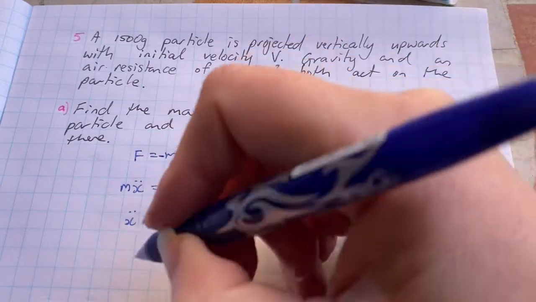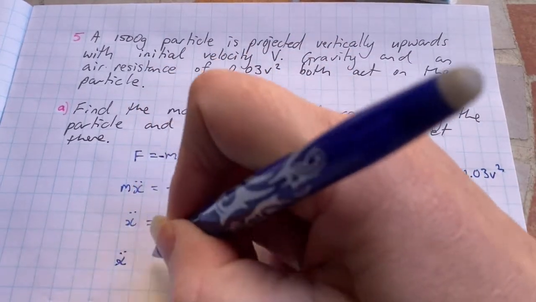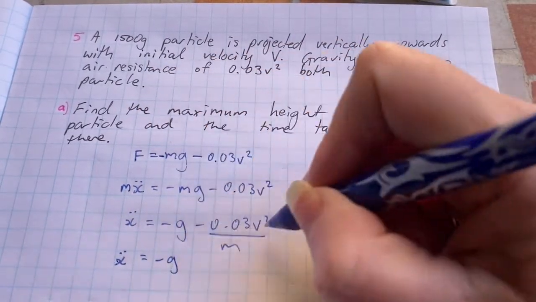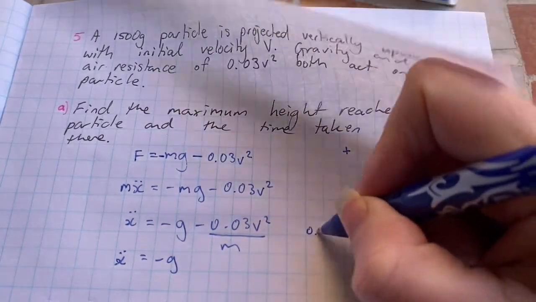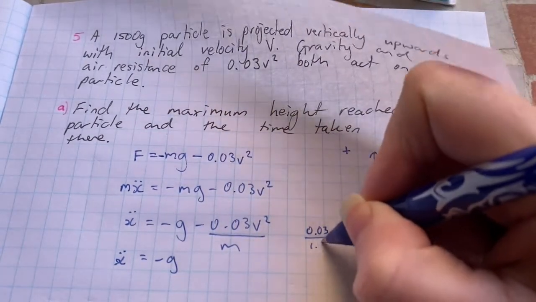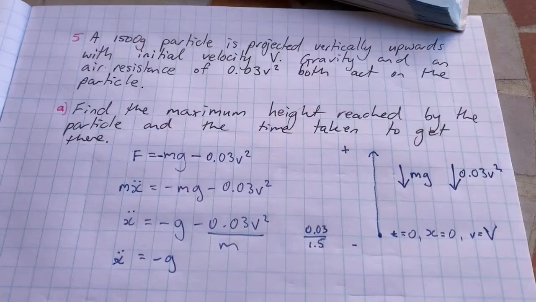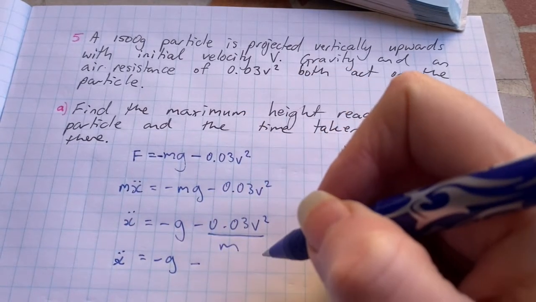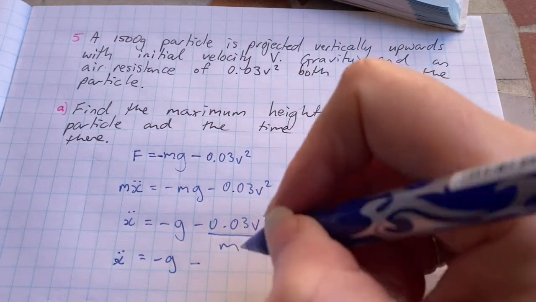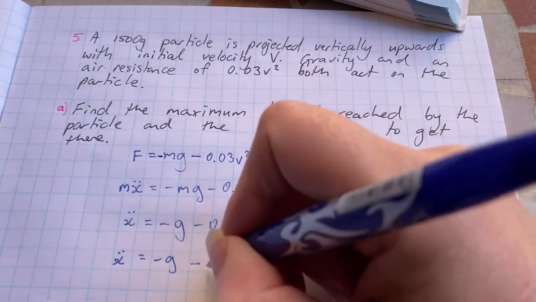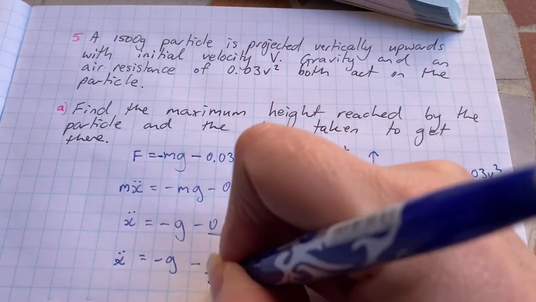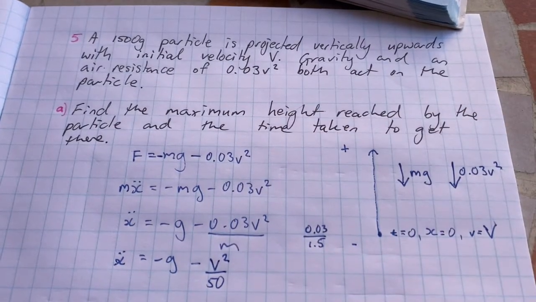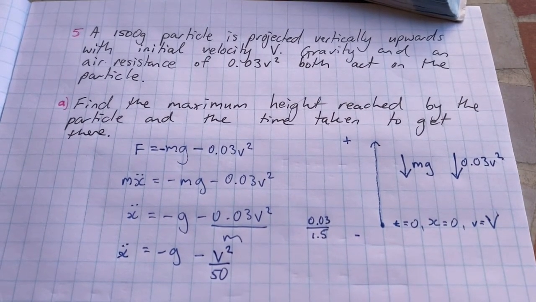So that's going to be 1.5. Now, I'm going to put that 1.5 in my calculator to see what that equals. So that equals 0.02, which is 1 on 50. So this thing here is 1 on 50, so v squared on 50. There's my equation for the acceleration of the particle.